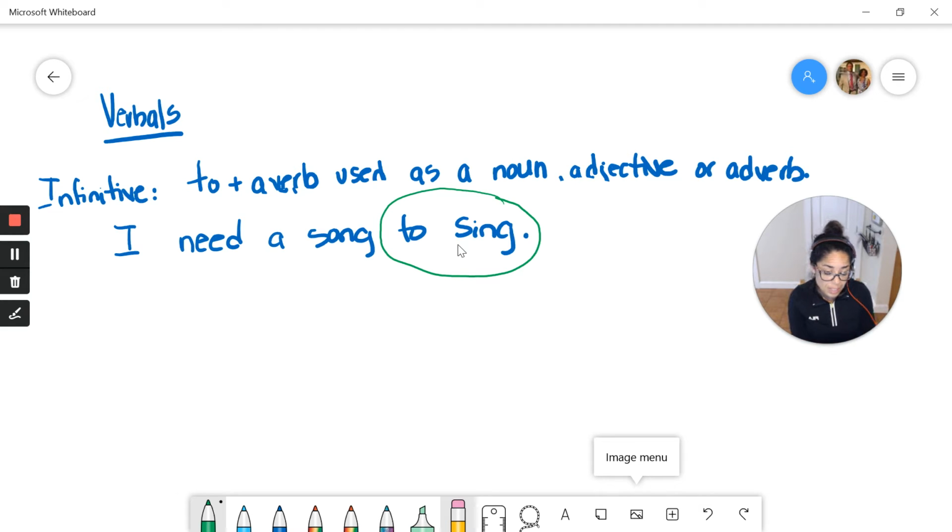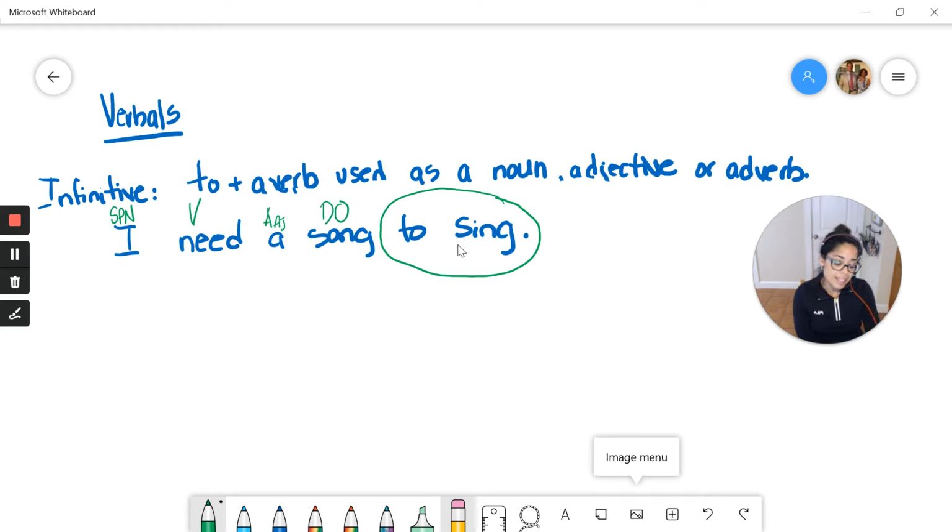Who needs a song to sing? I. That is a subject pronoun. What is being said about I? I need. Need is the verb. Need what? Song. So that's our direct object. And which song? A song. So that's our article adjective, right?